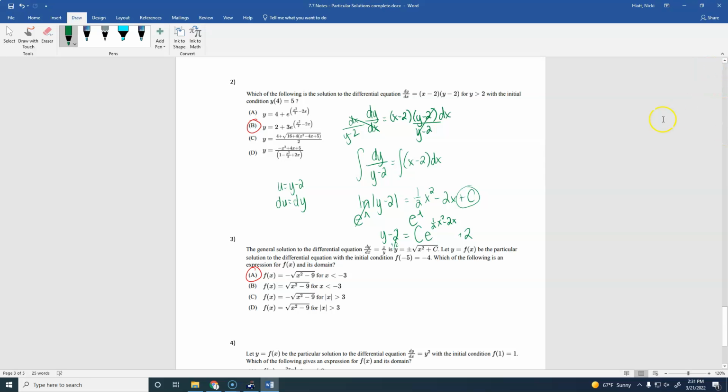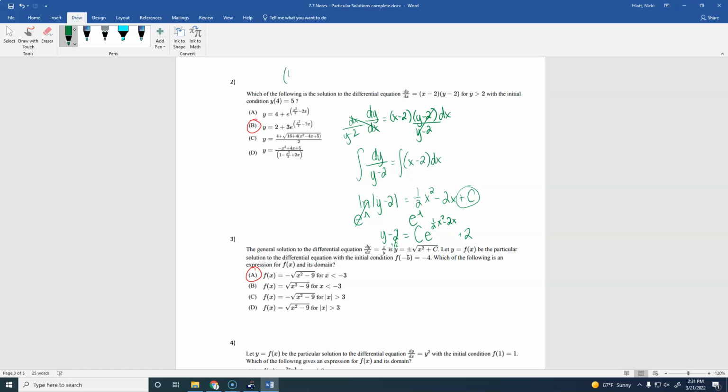You also got this plus 2 over here, and you're only finding the C. So if you had to guess right now, if you were out of time, B would be your best guess because it's got that 2 right there. There might be some ways it could end up being A, but it's not going to in this case.